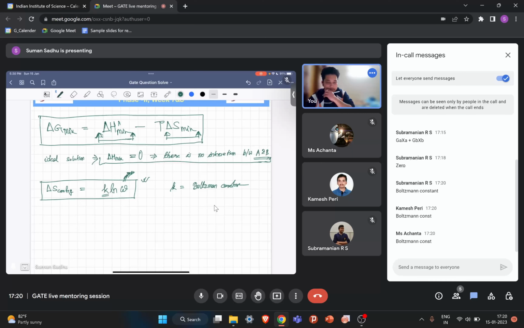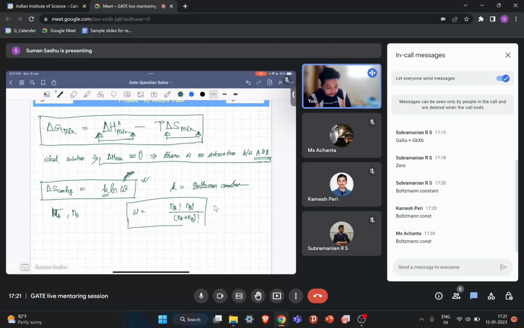If you derive this, for capital N number of A atoms, or let's say small n_A atoms and small n_B atoms, omega is (n_A + n_B) factorial divided by n_A factorial times n_B factorial.